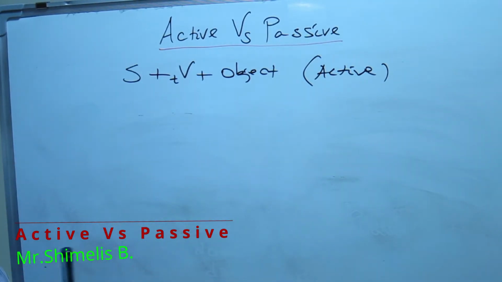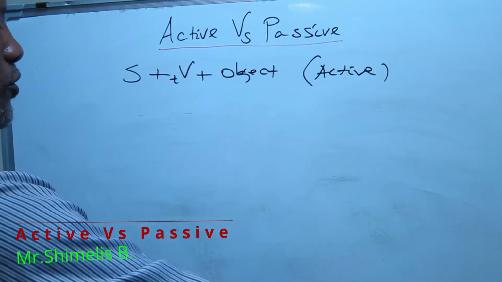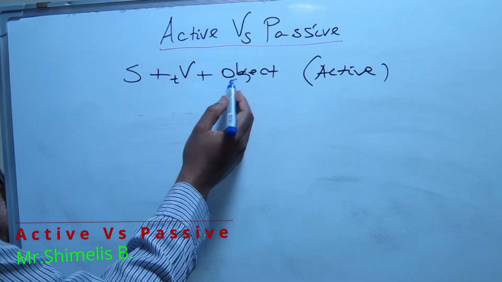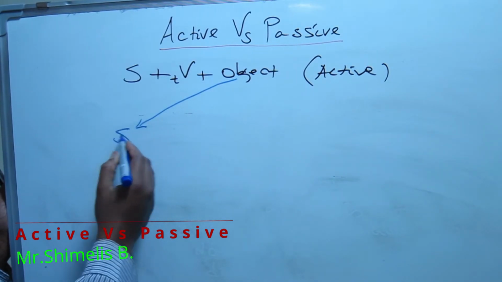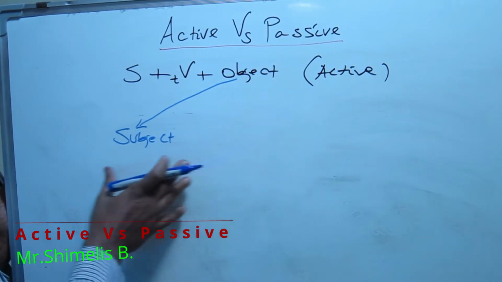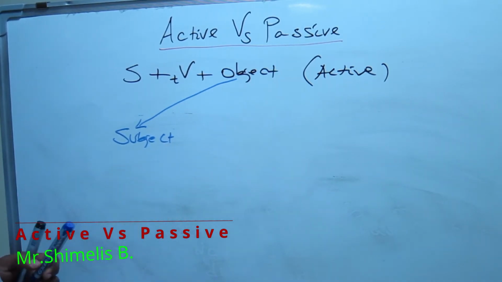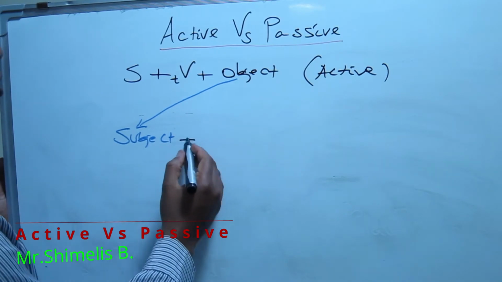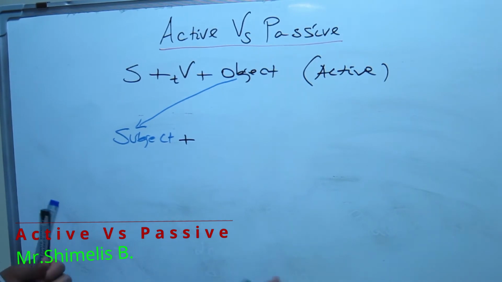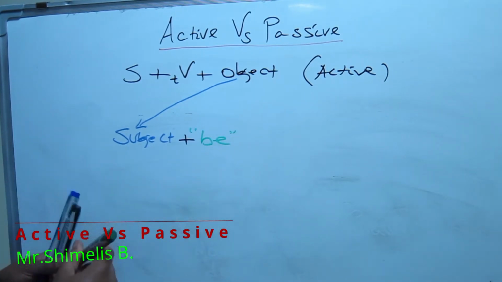There are certain rules or procedures that we have to follow to change this active sentence to passive. What do we do first? The first thing that we have to do is to make the object of the active the subject for the passive. Next to that, we use the auxiliary verb to be.